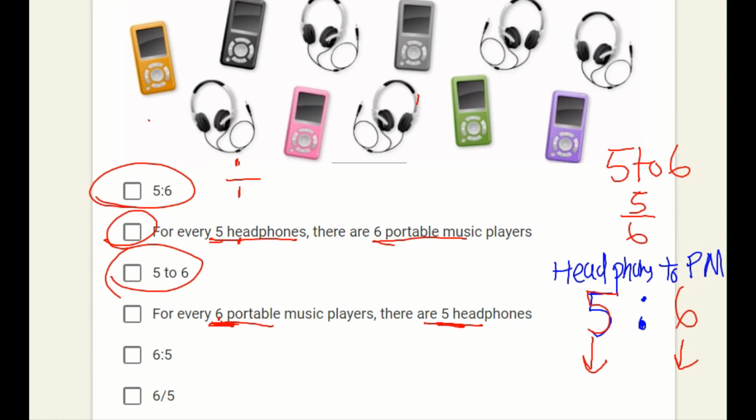In this case, you will need headphones first, and then you will need portable music players second. So this has portable music players first and then headphones second. So you will actually eliminate this one. And then these ratios are in the wrong order. So we're going to eliminate both of those. And that is that question.